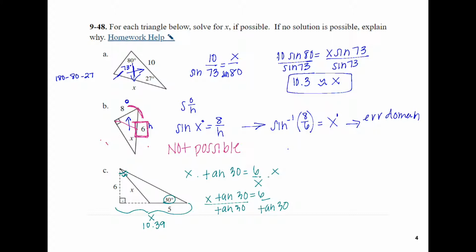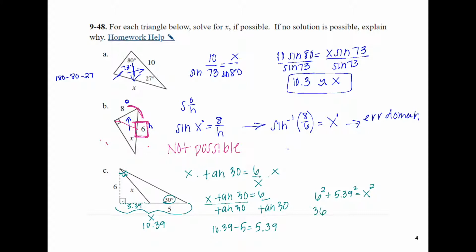If I'm looking for this little piece, I can take 10.39, subtract my 5 from it, and get 5.39. Then to find x, I could do 6 squared plus 5.39 squared equals x squared because it's a right triangle.